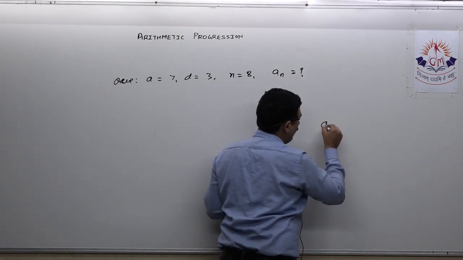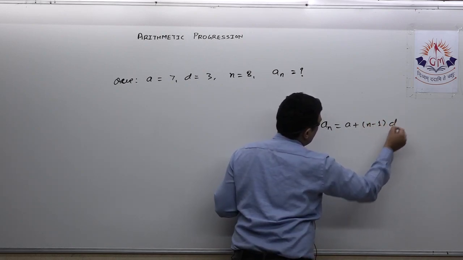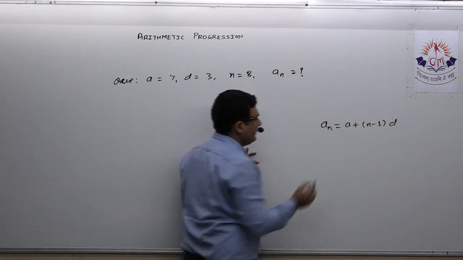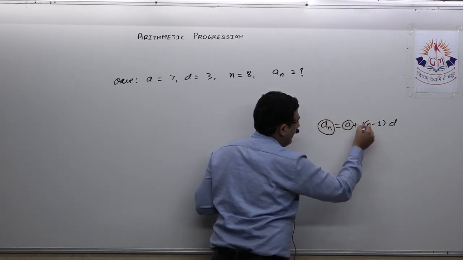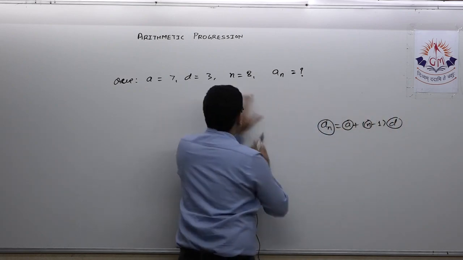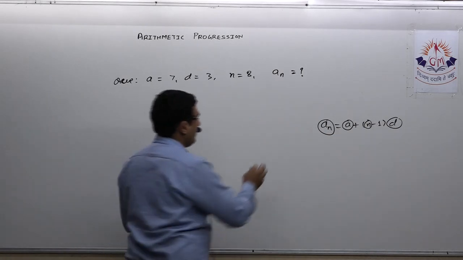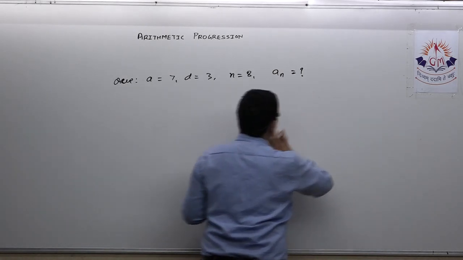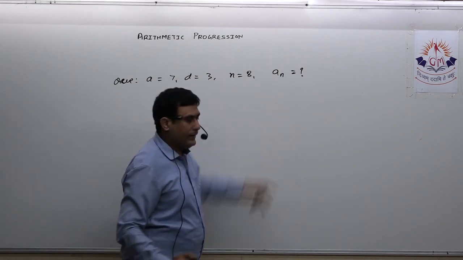Simply, if you see this formula, an is equal to a plus n minus 1 into d. Here, if you observe carefully, there are four variables: an, a, n, and finally d. Among these four variables, 3 will be given to you and the fourth will be the question, or the one you have to find. Over here, a, d and n are given, you have to find an.